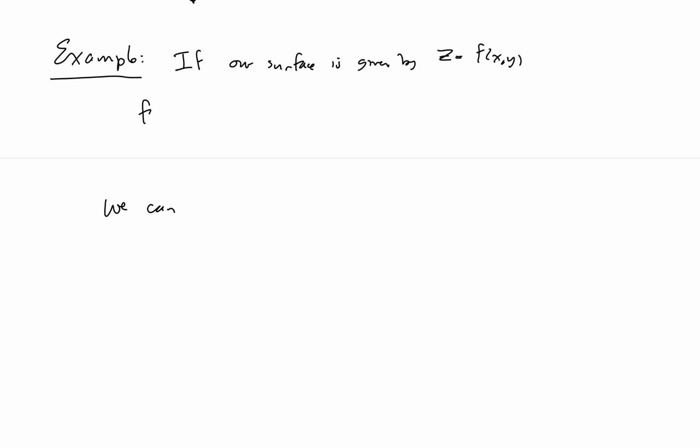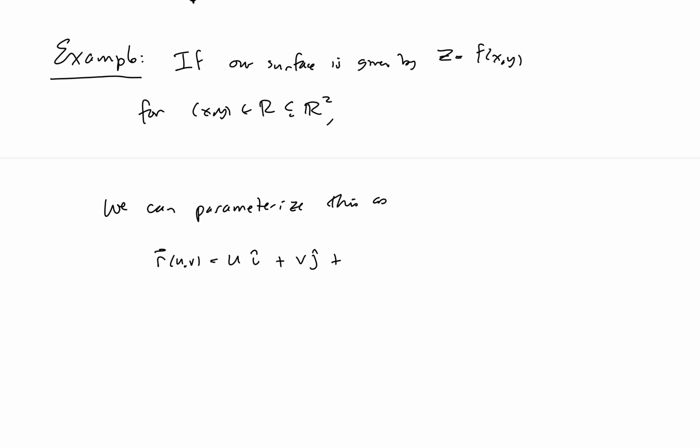So for, let's say, x y in some region R, we can parameterize this as, well, let's just take u to be x, v to be y, and then z is just f of u v, for u v now in our region R. So that's the easiest one to parameterize, and we'll encounter that one quite a bit.